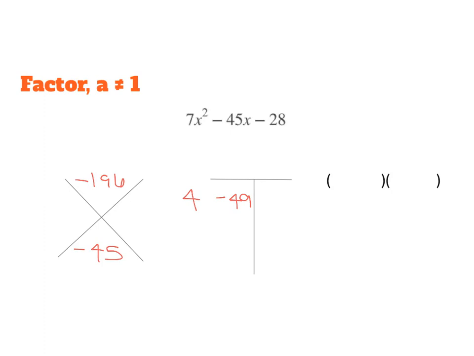That together will multiply to negative 196 and add up to negative 45, leaving me with my two terms here, 4x and negative 49x. I'm going to plug in my information from my original trinomial, and then I'm going to add in my two factors I found.